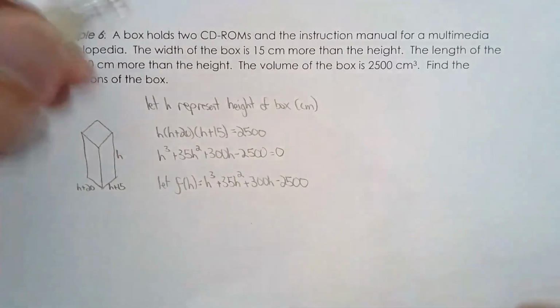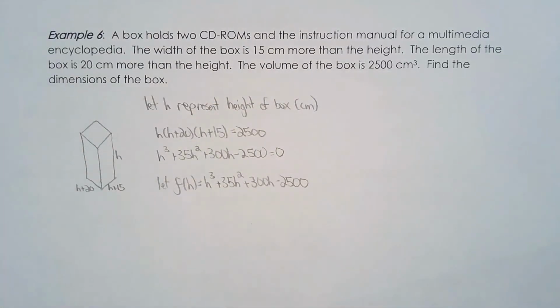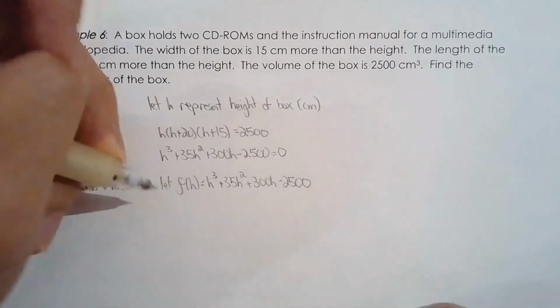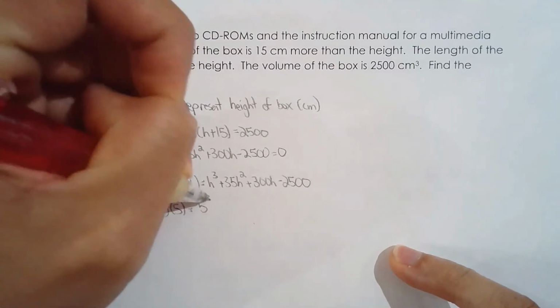And yes, that is a pretty big number, 2500. But you know, a number is speaking to me. Absolutely, 5 was speaking to me. So f of 5, it actually works out.